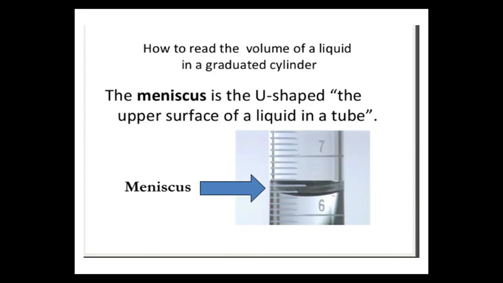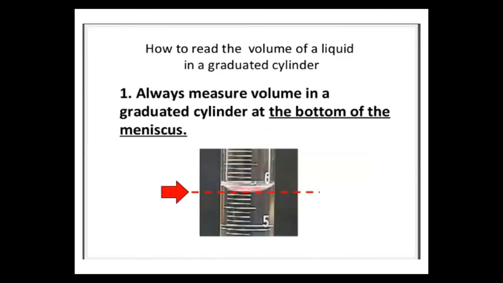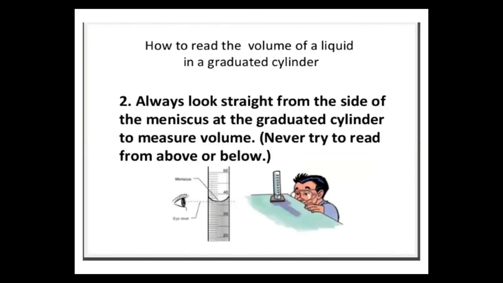The upper surface of the liquid is in the tube, and the lower surface is called the meniscus. Always measure the volume in a graduated cylinder at the bottom of the meniscus. So the U-shaped structure is called the meniscus, and we find the volume by the lower part of the meniscus. This is the method of how we read the liquid measurement.